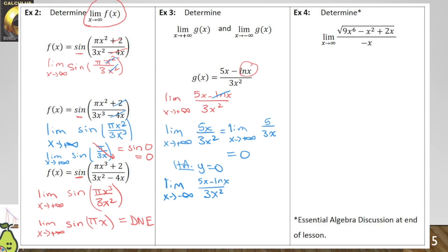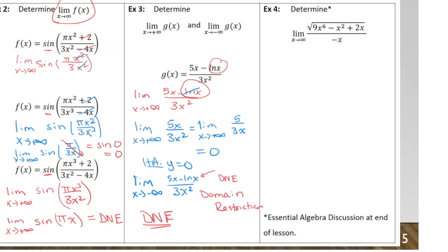And if I were less neglectful, I would notice that the log of negative infinity does not exist. It is not in the domain. So we have a domain restriction here. And because of that domain restriction, we know that the limit does not exist. So we have to be a little bit more careful when considering functions that have domain restrictions.